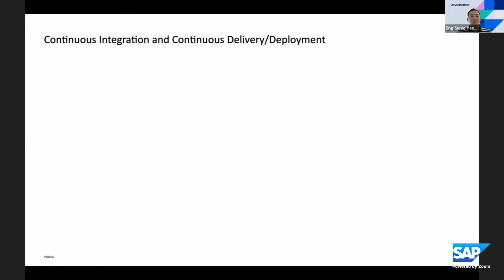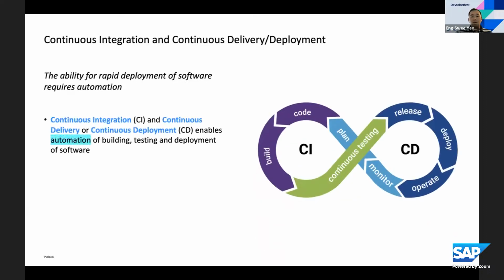The background to all this is what we call CI/CD. The long phrase for it is continuous integration and continuous delivery or deployment. To be able to do rapid deployment of software, you need automation, because if you are doing it manually, you won't be able to achieve this type of speed and pace. That's where CI/CD comes into the picture: continuous integration (CI) and continuous delivery or continuous deployment (CD).